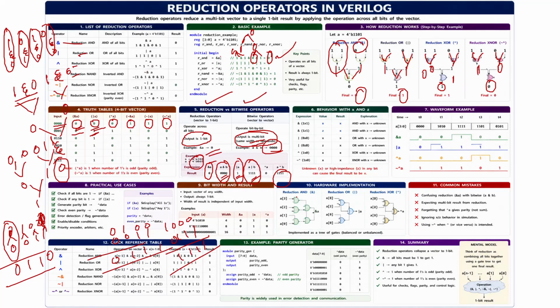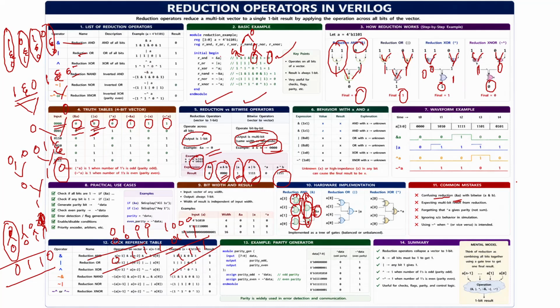See, this is the reduction operator: 2-bit AND operation, 2-bit AND operation, you are getting single bits, and again doing the AND operation, you are getting a single bit. Okay, so that is the hardware implementation of the reduction operators. People get confused between reduction operators and bitwise operators.